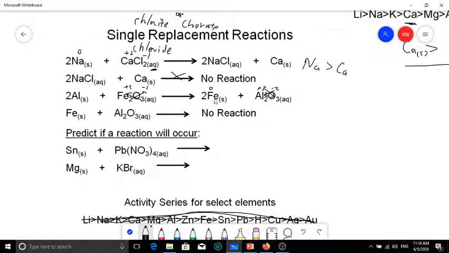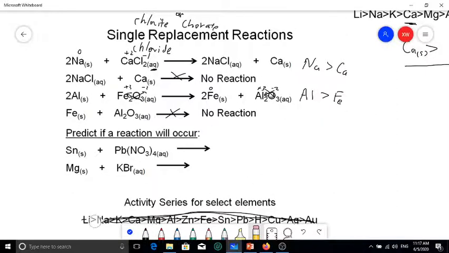But anyway, this reaction does undergo. That means aluminum is capable of displacing iron out, so aluminum is more active than iron. Or iron could not, no reaction, is not capable of displacing aluminum out, so that means iron is less active than aluminum. Either way, that's the same conclusion.